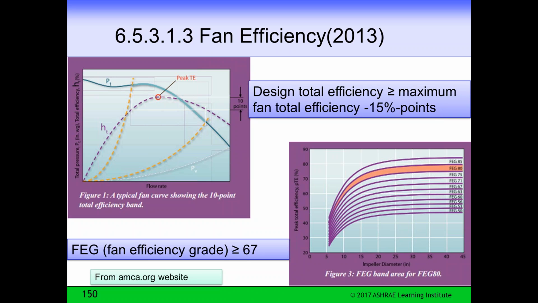AMCA ran into some trouble with this grading system. We bought off on it and put it in 90.1, but we're aware that they ran into some trouble with it. Once all the fans started getting tested, certain fans did not do as well as they should have. They were energy efficient fans, but their grades did not show it.